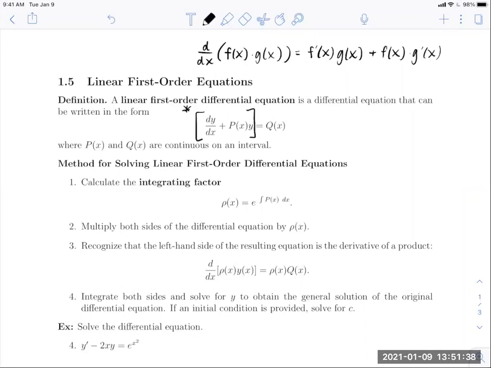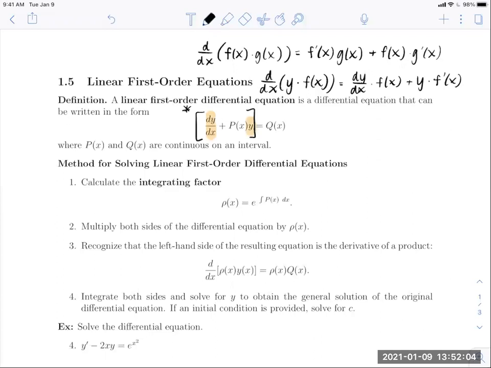In particular, if we let one of those be y, where y is assumed to be a function of x, then the product rule would output dy dx times f of x plus y times f prime of x. So we're seeing the dy dx and the y.